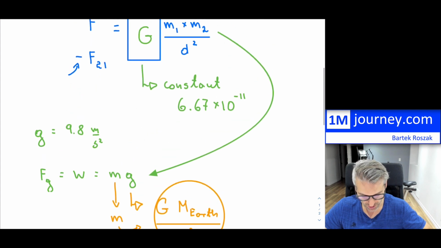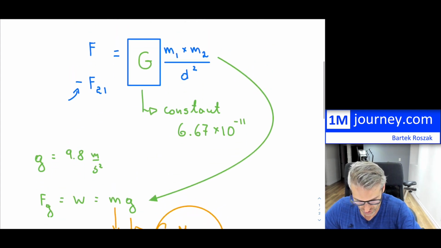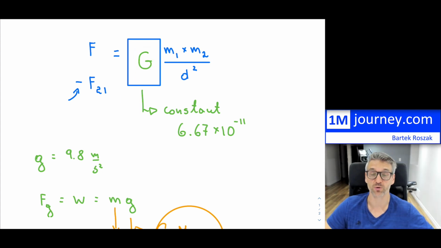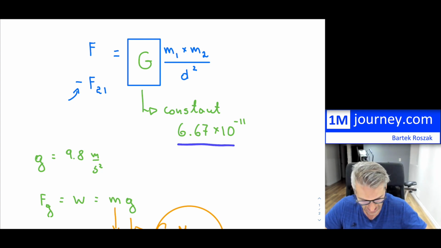And now the question may arise, what is this constant, right? How did we find it? Well, we found it through experimentation, so the scientific method, where we constantly repeat experiments and so on. Now we have really good tools to do that, to find out that this constant is indeed this tiny item.